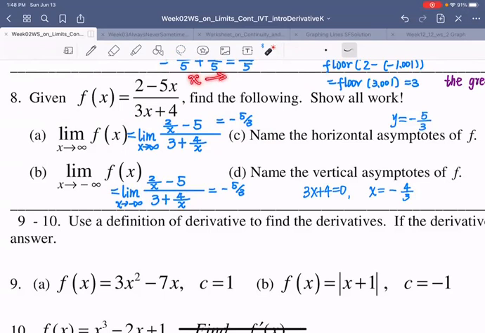As x approaches infinity, the y value will be our horizontal asymptote. So horizontal asymptote will equal this, correct? Yes. And then if we were asked to do the vertical asymptote, we will make the denominator equal 0 and x equals negative 4 over 3.